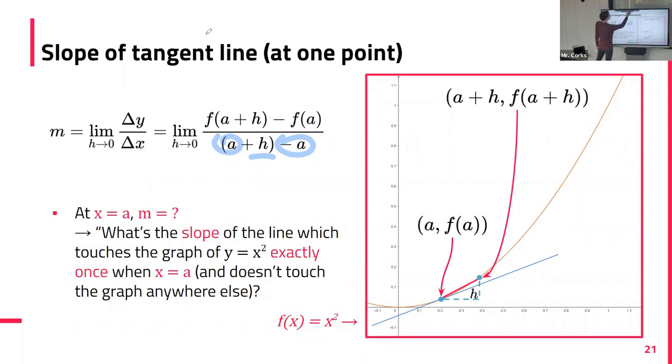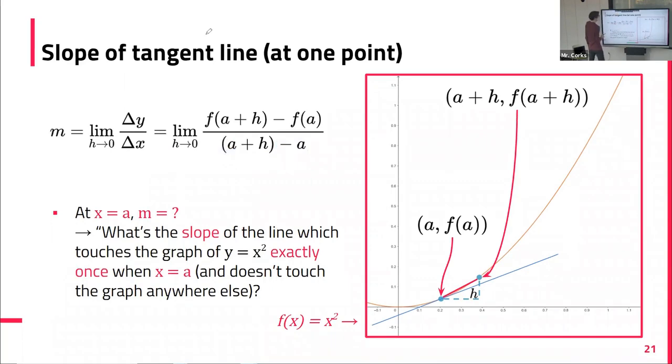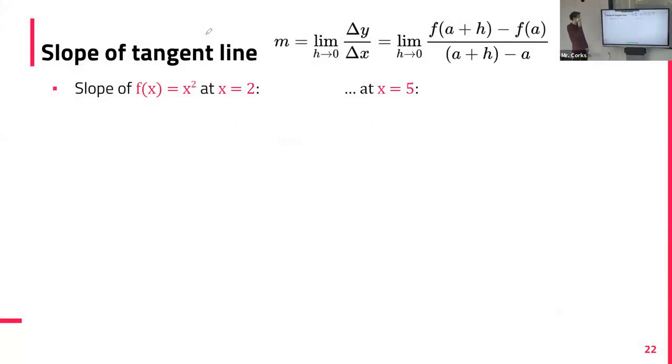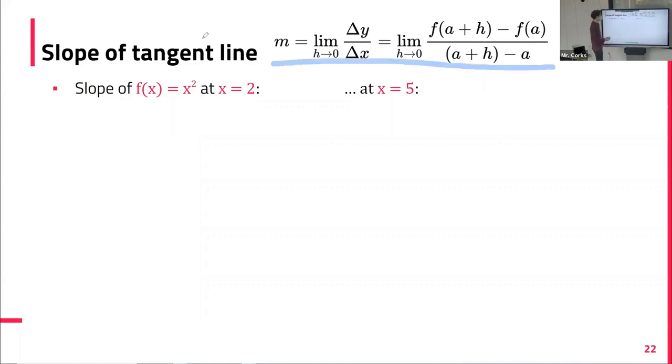Okay, so let's do that. Now it's time for the algebra part. So this is our definition, same thing that I had on the previous slide up here. And the function we're working with is x squared. And this is a different a value than we had a moment ago, but the math will be a little easier here.